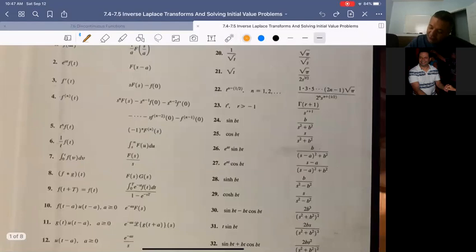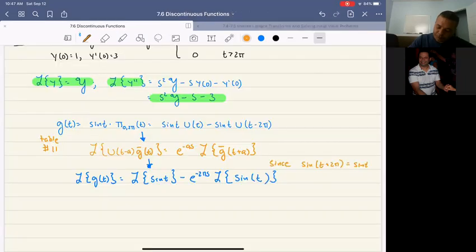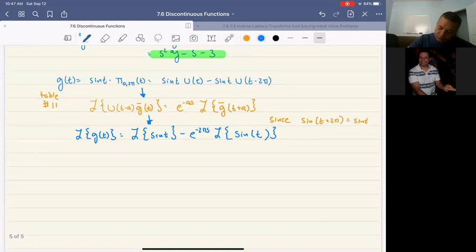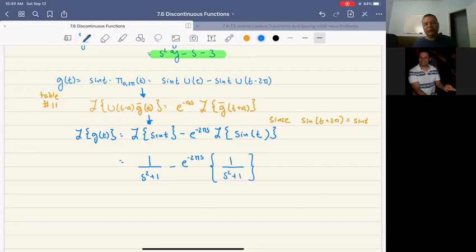That's just going to be 1 over s squared plus 1. So that's going to be 1 over s squared plus 1 minus e to the negative 2 pi s times 1 over s squared plus 1. Okay, all right, so we've got our Laplace transforms.